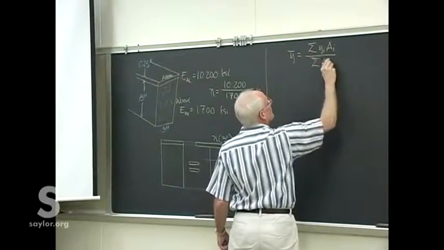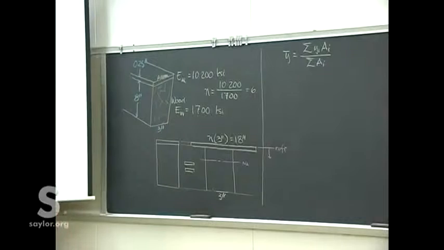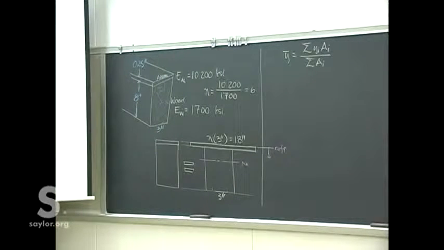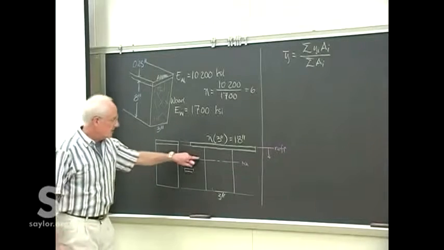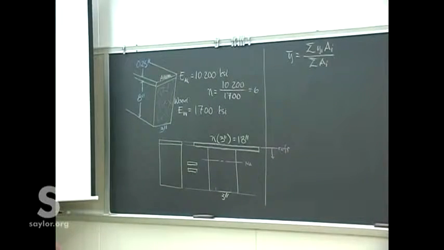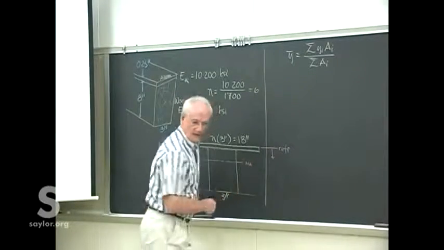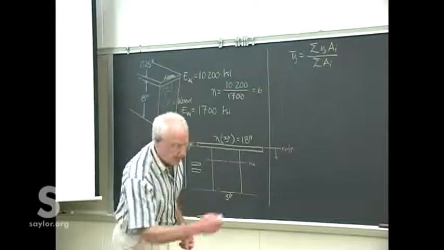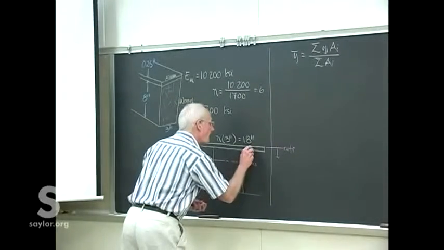So first thing we need to do is figure out where the neutral axis is. Then once we've established where that is, we know it's going to be somewhere up near the top here because of the extra area up at the top. So let me keep my numbers straight.